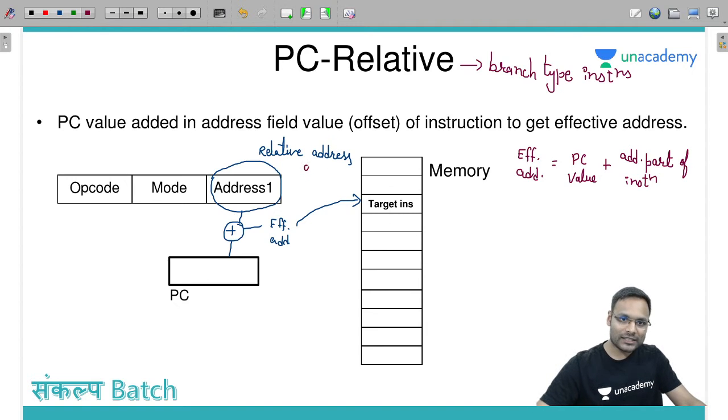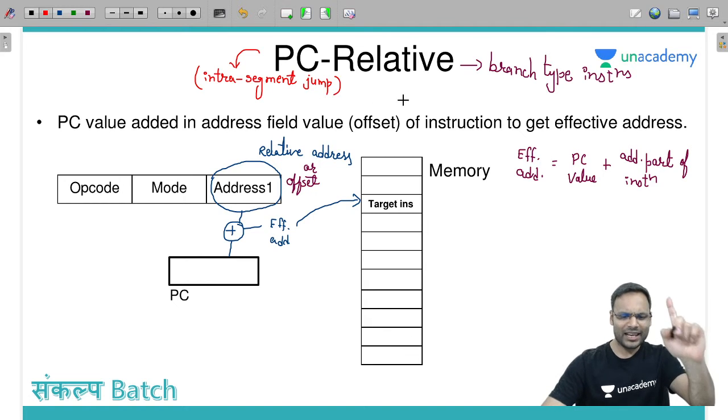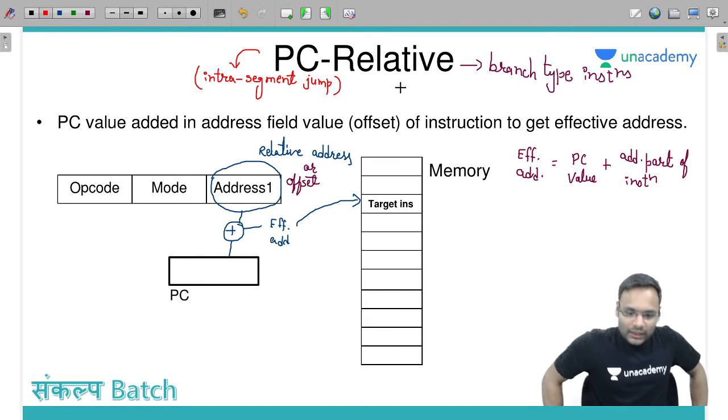Relative address, or sometimes it is known as offset also, कि target कितना दूर है. This PC relative mode is used for the branching, and that too intra segment branching. इसी सेगमेंट में अगर जंप करना है तो आप क्या यूज करेंगे? PC relative.